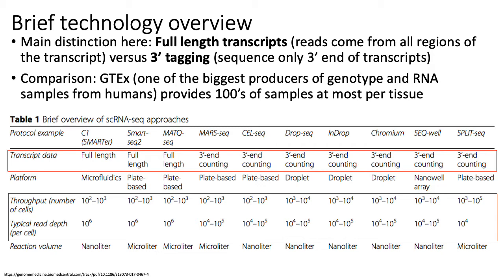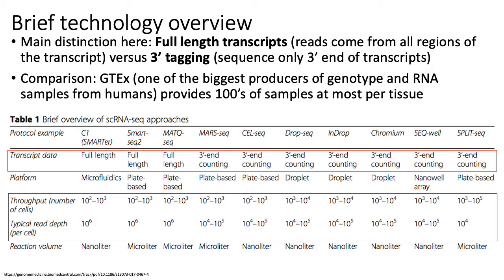For example, Split-seq, at least according to this table, allows you to sequence somewhere between 1,000 and 10,000 cells, and that number is actually much higher nowadays. You can use, for example, Chromium based approaches to sequence hundreds of thousands of cells fairly easily.